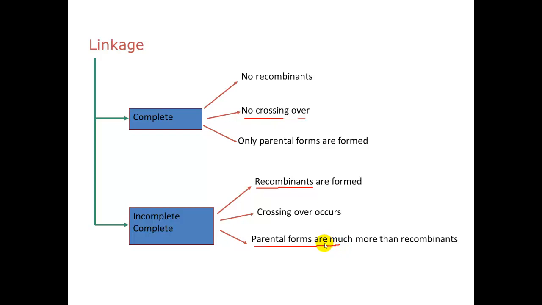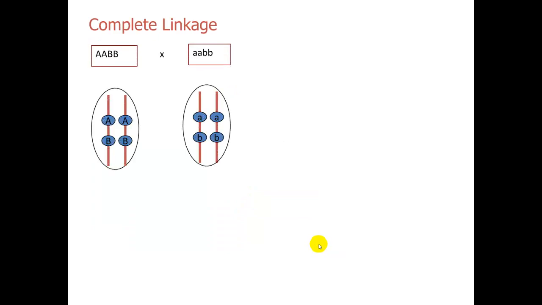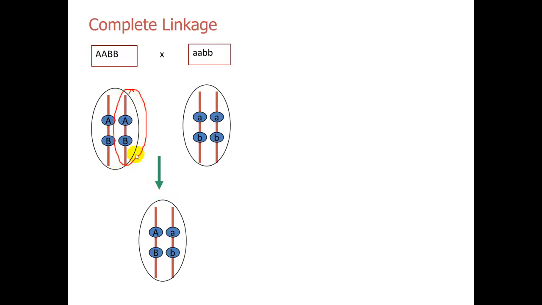Now first of all, if you talk about the complete linkage, you see, so this is the complete linkage I have taken in the form of a chromosome, the different alleles are shown over there. Since there will be no crossing over, what will happen? The gametes will be like that. So this one will be constituted over here and another, this one is going to be constituted over here. So a perfect heterozygote is going to be formed.